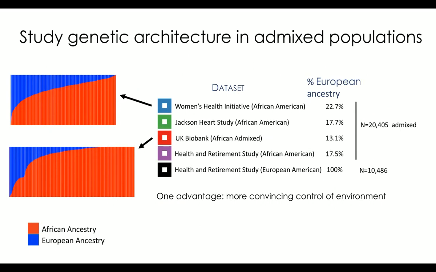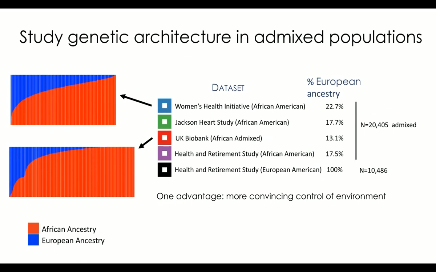One of the difficulties in studying cross-population genetic effects is that it's very difficult to separate out the effects of genetics and environment because they're often highly correlated. In admixed populations, that's not to say there are no correlations between genetics and environment, but we think those effects are smaller. So we have better control of environment, although I won't say that we have perfect control.